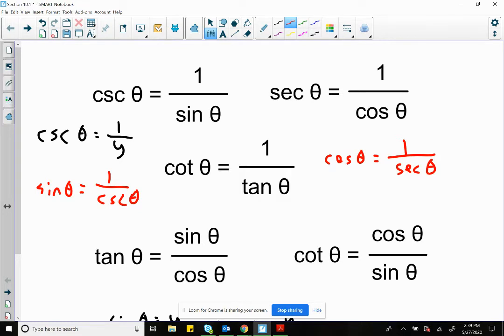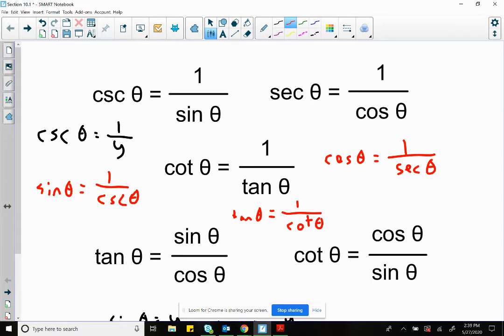So we can talk about those as well. And then you can do the same thing for cotangent and tangent here. We could say that tangent theta is equal to 1 over cotangent theta. So there's lots of cool things you can do with identities once you know them.